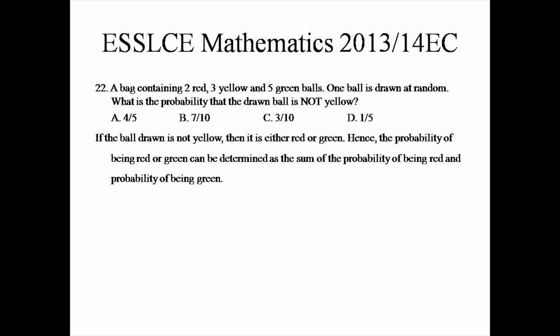The probability of red is equal to the number of red balls, that is 2, divided by the total number of balls, that's 10, plus the probability of green is equal to the number of green balls, that is 5, divided by the total number of balls, that's 10. 2 over 10 plus 5 over 10 is equal to 7 over 10. So the answer is B.